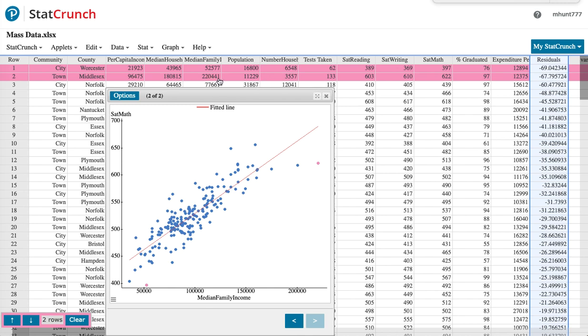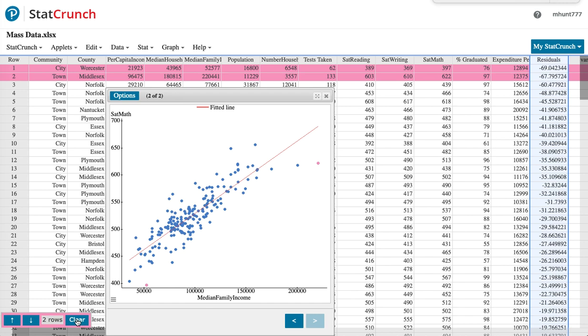It was $220,000. So, in terms of predictability, the math SAT score of 622 was 67.7 or 67.8 points lower than other school systems with the same median family income. All right, so that's what we got by sorting the residuals.